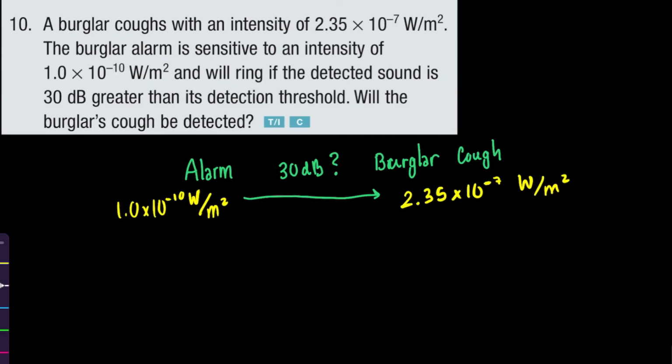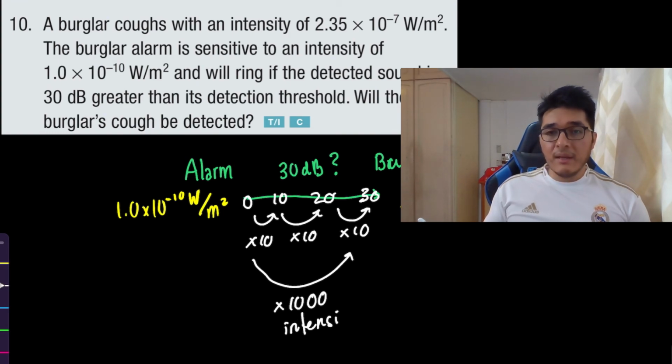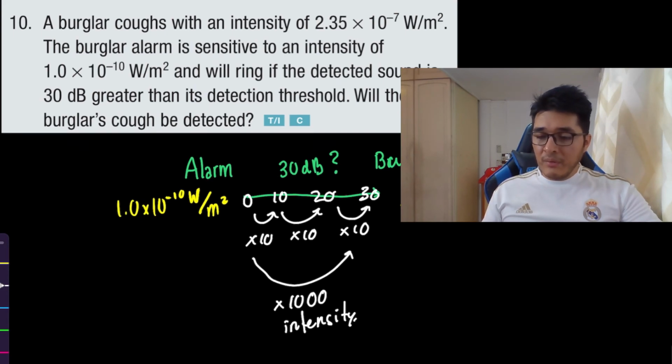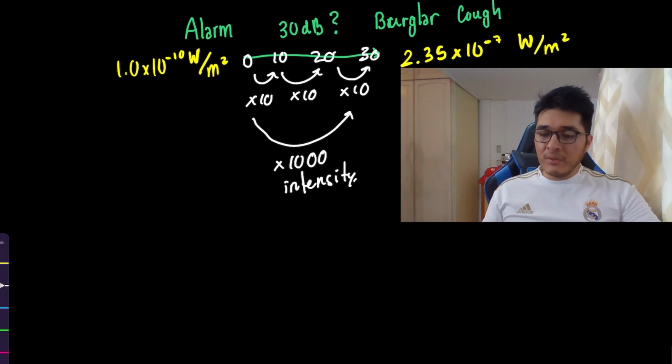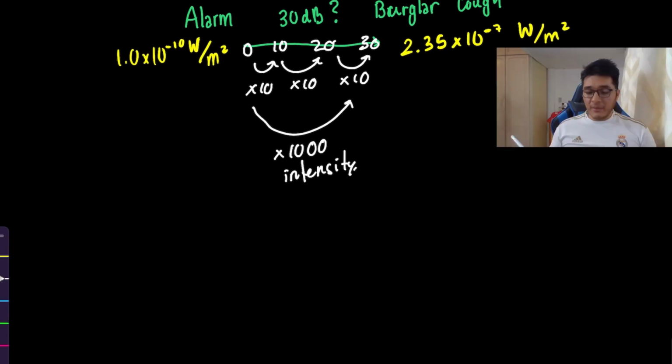So it's 0, 10, 20, 30. So let's check if the sound intensity is 1,000 times different. So all we're going to do then is take the ratio of the two values and see if it's at least 1,000 times greater.